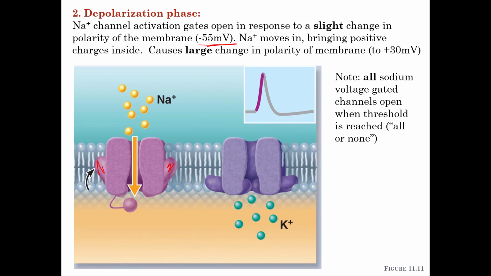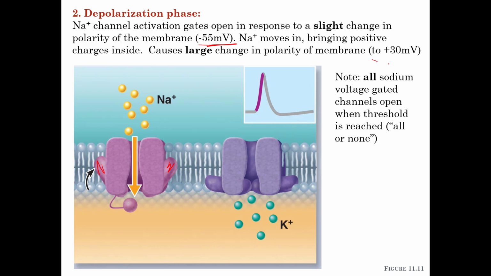Of course, as soon as that opens, sodium is going to flood into the cell membrane, bringing that positive charge with it. All those positive charges moving into the cell cause a depolarization of the cell membrane, which means, of course, it's a reversal of the polarity from more negative on the inside and more positive on the outside to more positive on the inside and more negative on the outside.